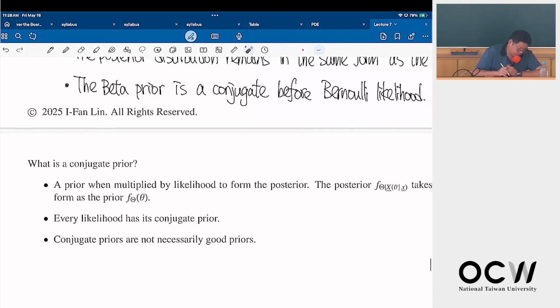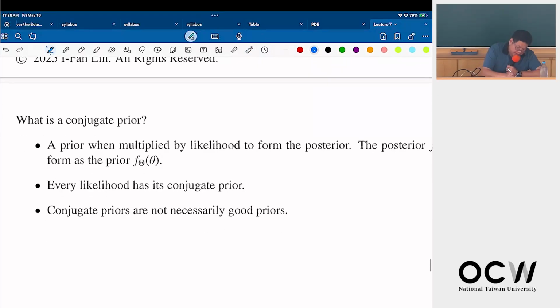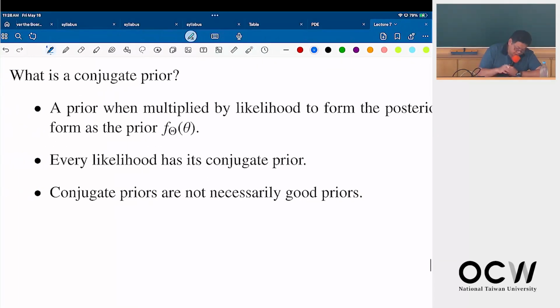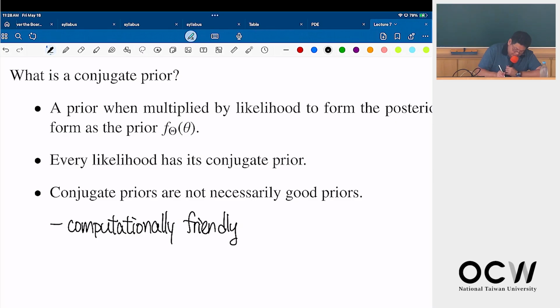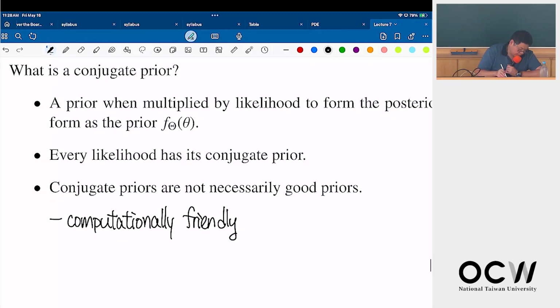Okay, for the conjugate priors, it is just computationally friendly. But maybe they have a good physical interpretation.